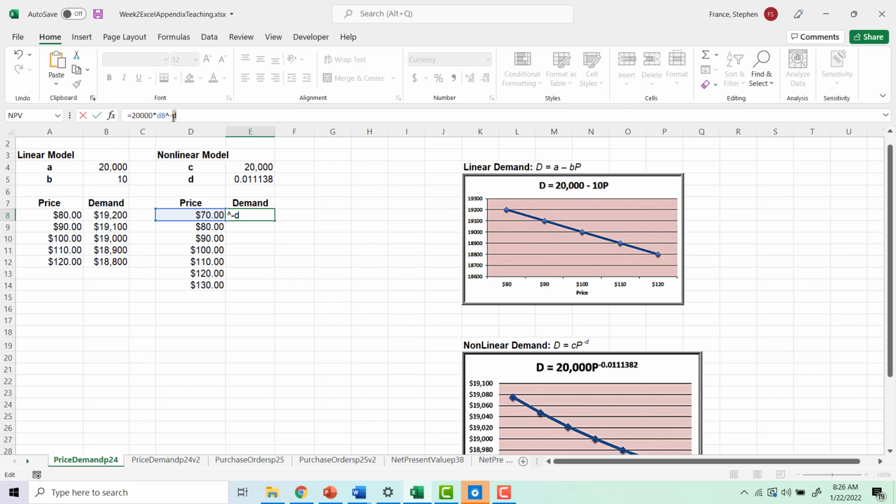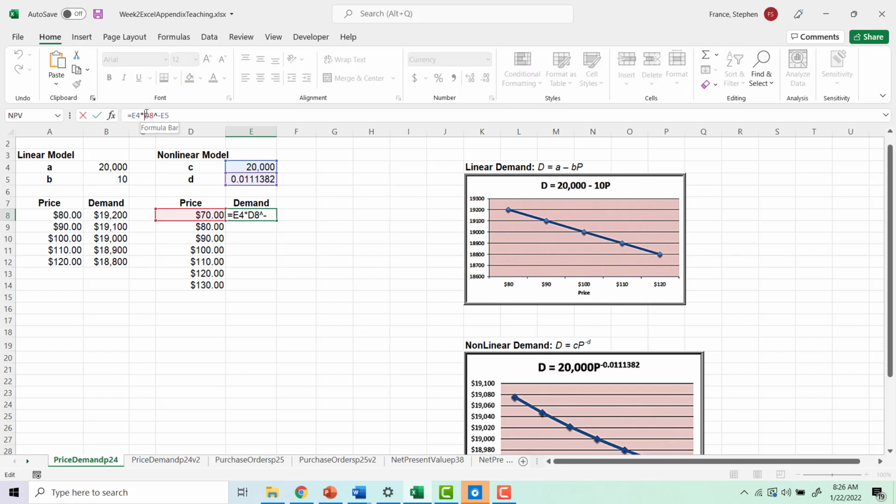Then to the power of minus D, and it's this value here. I put in 20,000, but it should actually refer to E4. Now, we need to make a few changes because we don't want this power to apply to the entire equation.